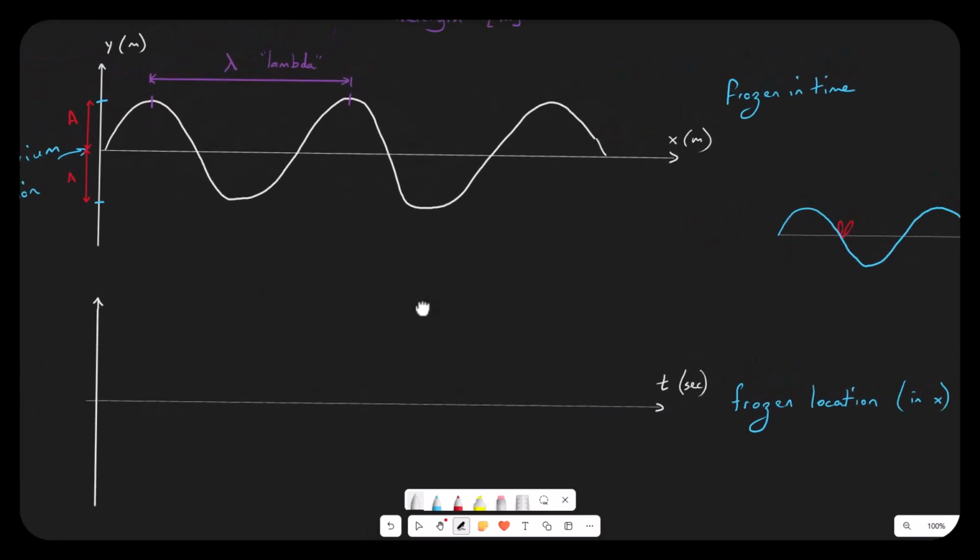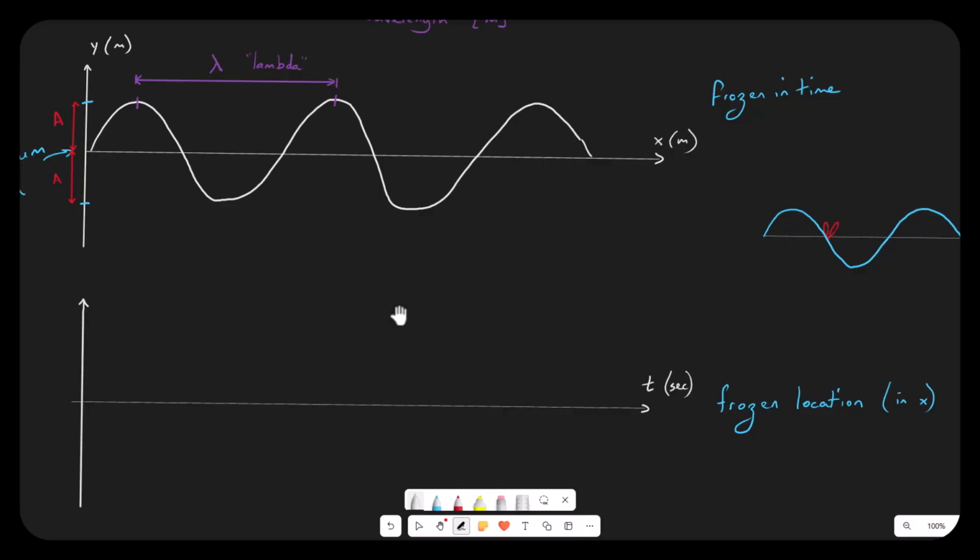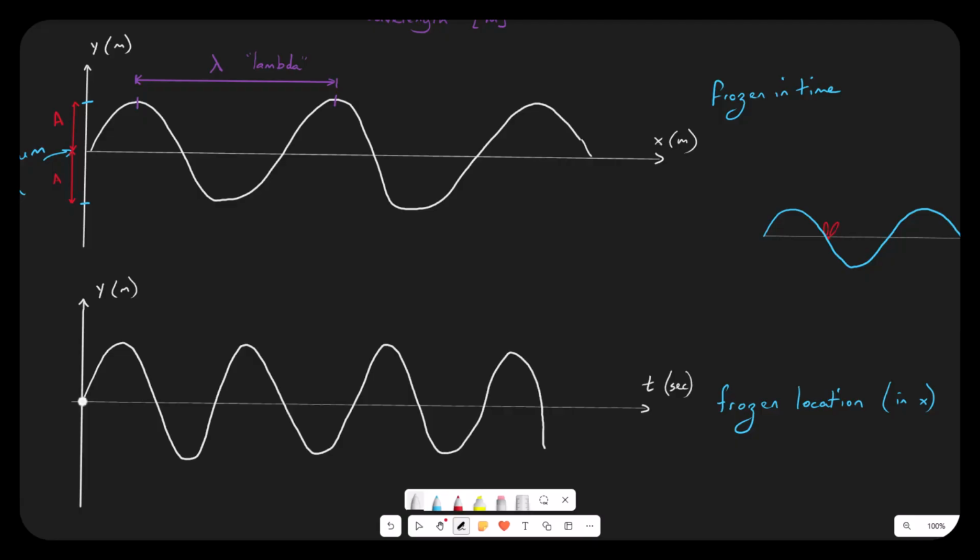My y-axis is still going to be y, and my wave is going to look like this.